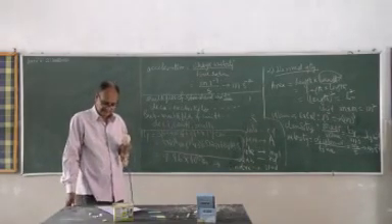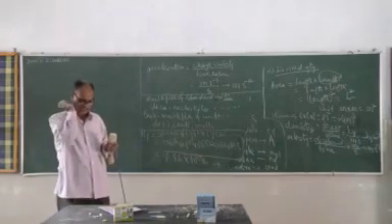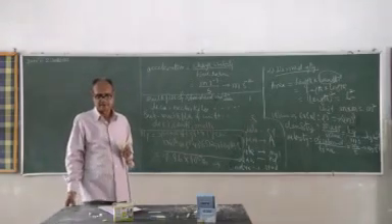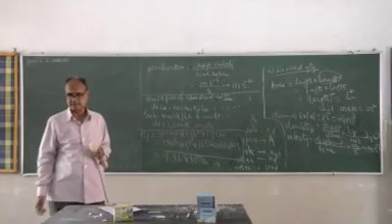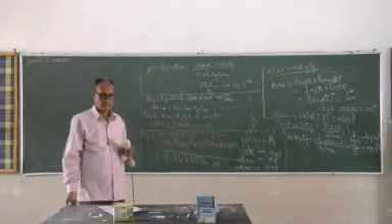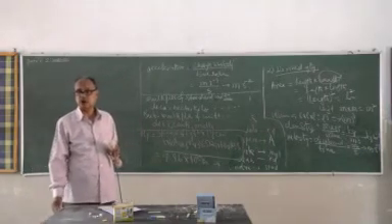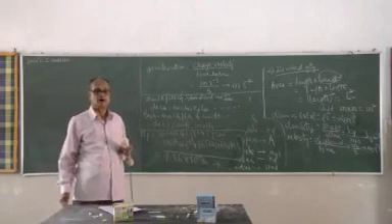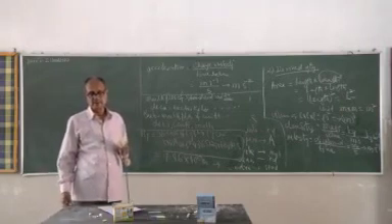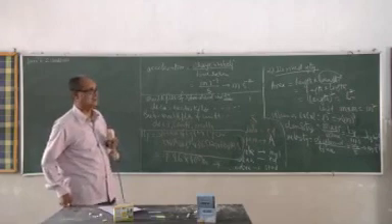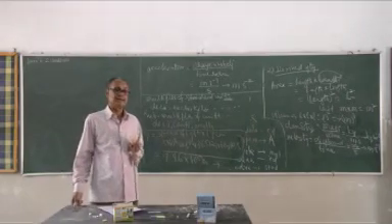There is another third very popular unit called Parsec, P-A-R-S-E-C. It is actually a short form of an elongated name, parallactic second.